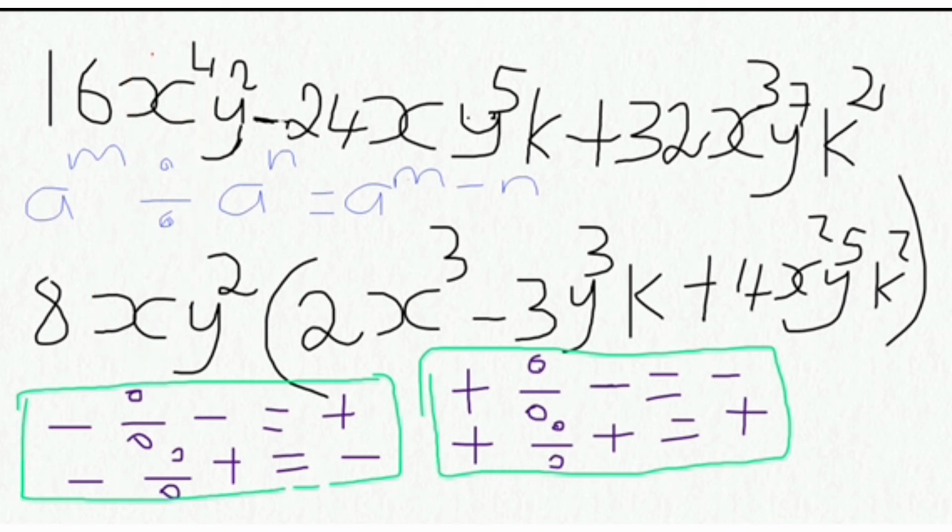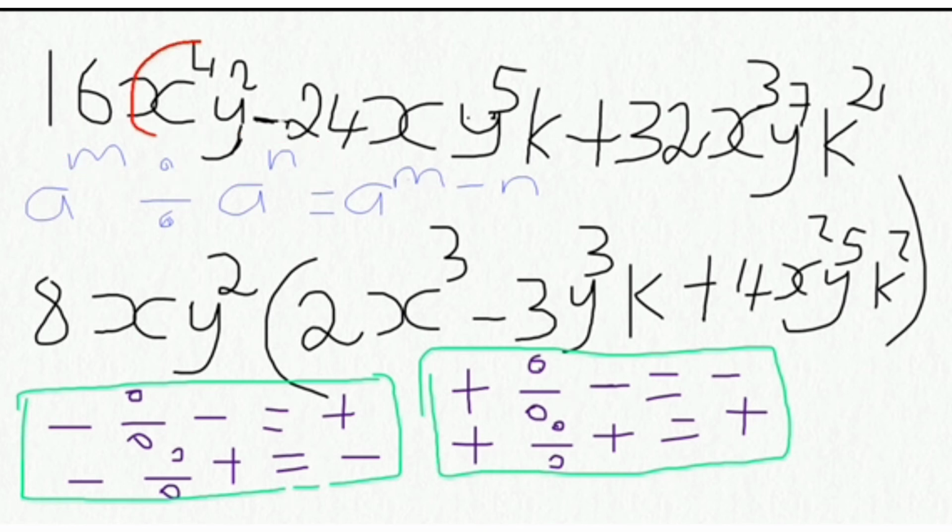So we must only write one base, and then we subtract the indices together: 4 minus this one here. If we have the same bases and there's a division sign, we must only write one base, and then subtract these indices. So that's what we are going to do.